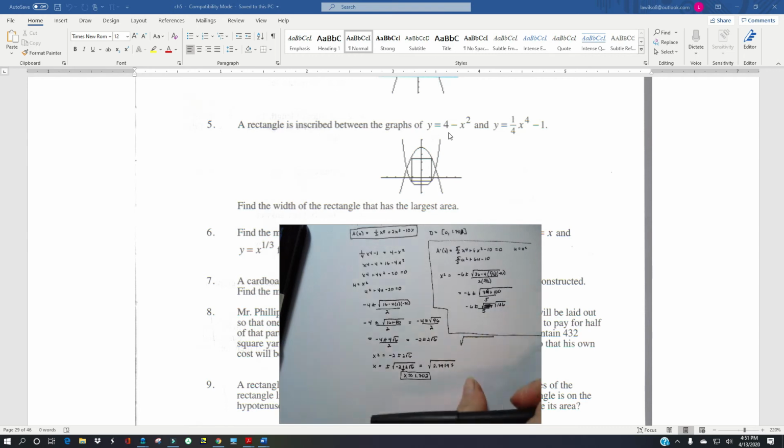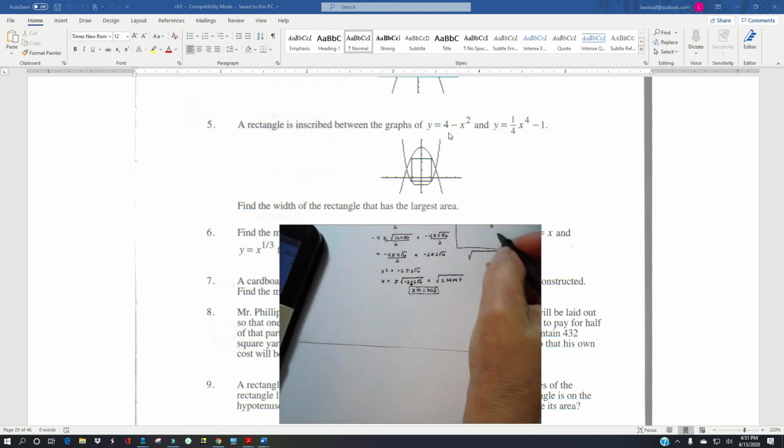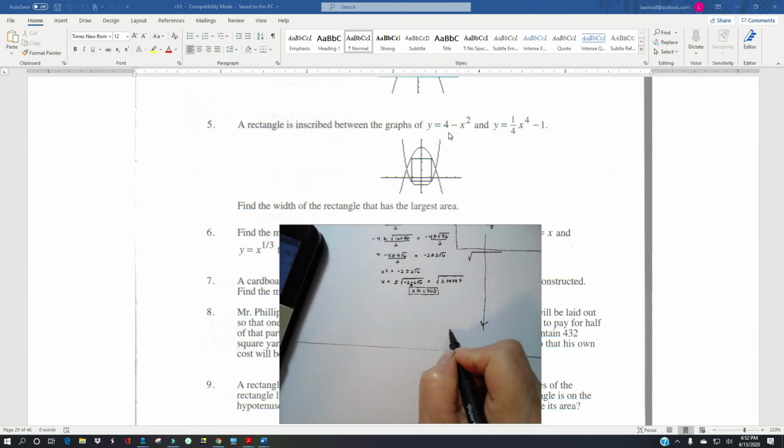So let's just get a new piece of paper here. Going down here, so I've got negative 6 plus or minus. 136 is 4 times 34, so this would be 2 root 34 over 5.